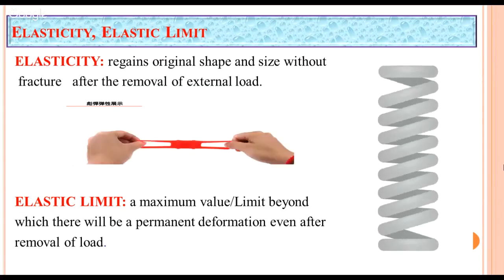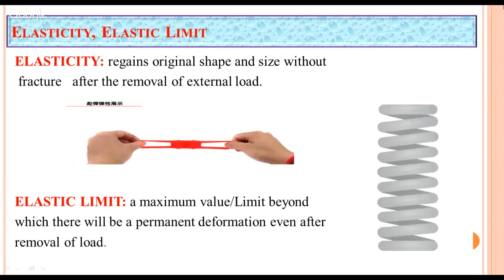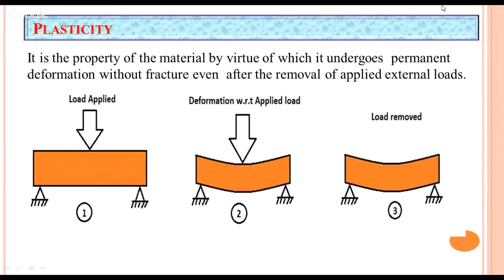So next we'll go to plasticity, another important property of a member or material. You can see this. We know that when a member is subjected to loading, deformation will occur. This deformation or induced stresses completely vanish after removal of the load within that elastic limit.